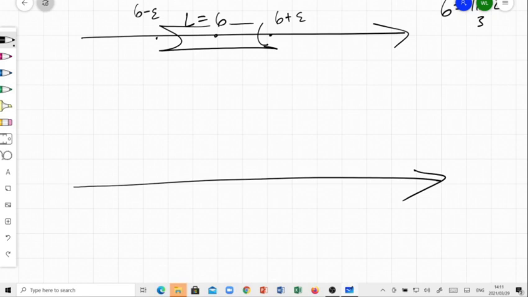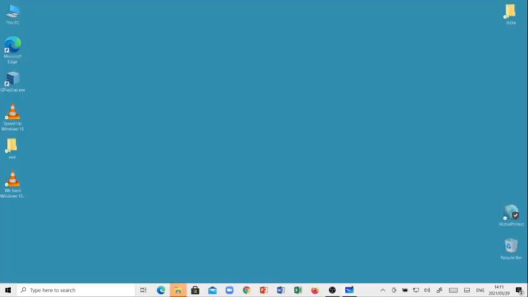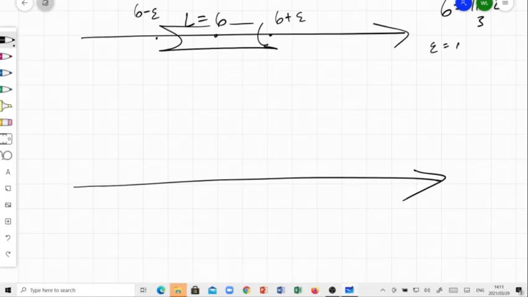Remember that epsilon can be very tiny. For example, I can easily make epsilon be 0.001. So I'm throwing down the challenge.